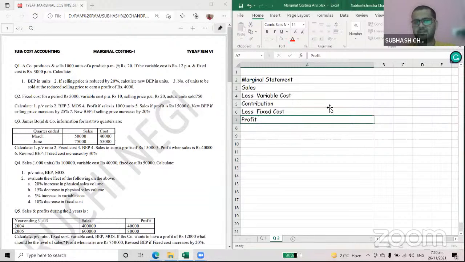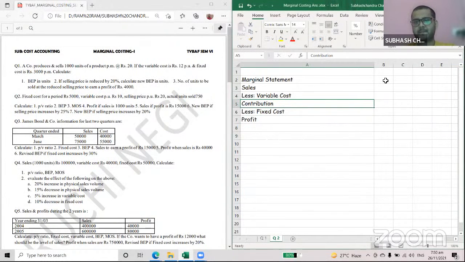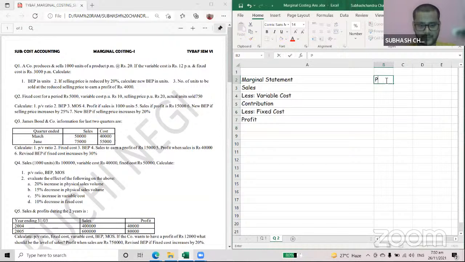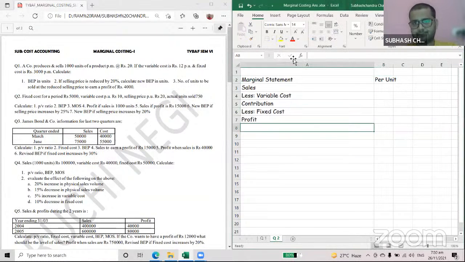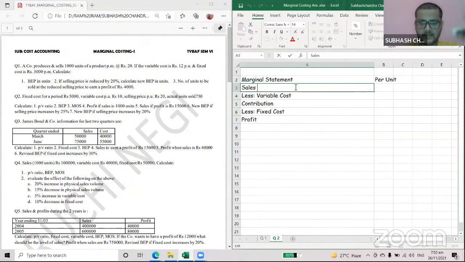Yes, dear people, check this. Per unit. Here I will find per unit. Sales, under bracket I am writing actual unit. How much? 750 sold.